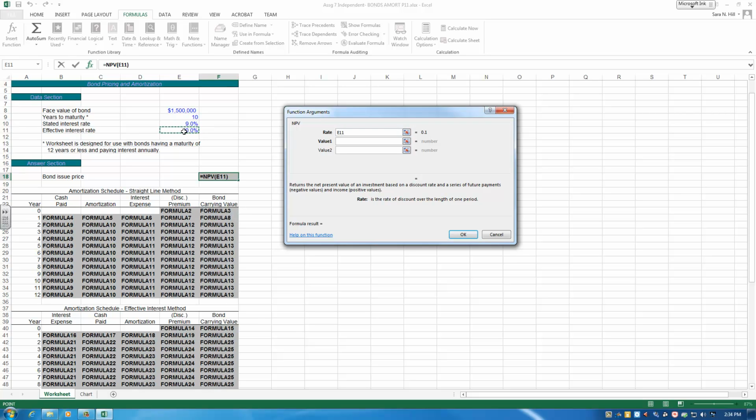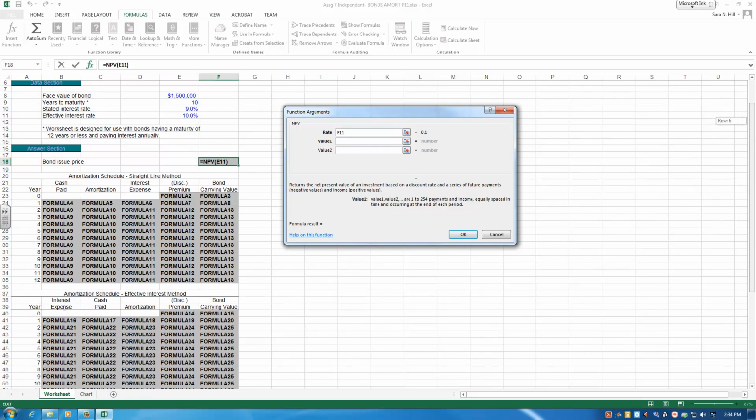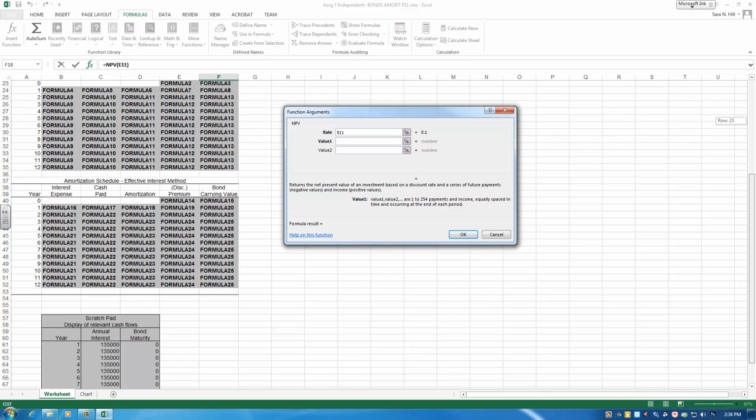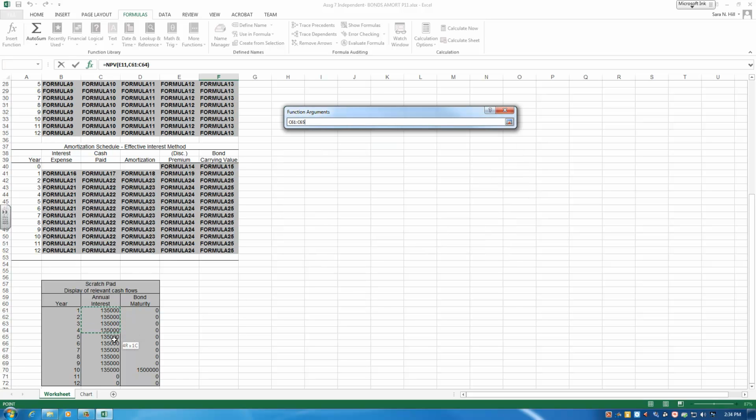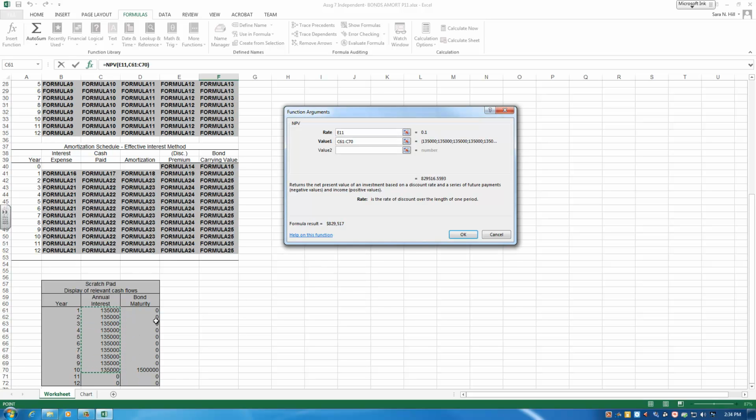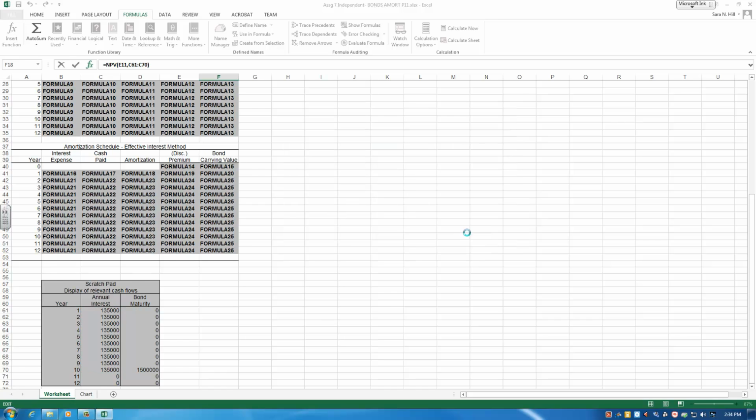So I'm going to go ahead and put that in there. In value 1, it's looking for all the associated interest payments, which we just happen to have down here at the bottom. Here are the annual interest payments that I will be receiving as the new owner of the bond. So I'm going to go ahead and highlight all of those and say OK.